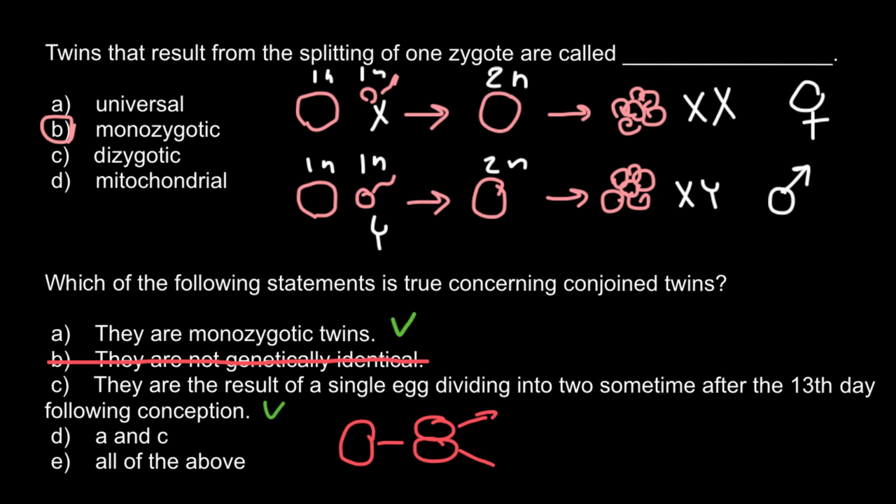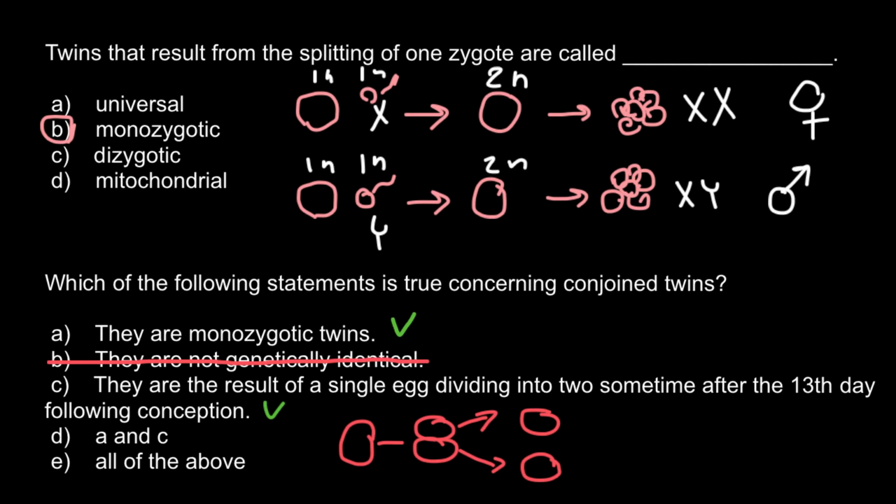If at this stage the blastocyst separates into 2 clumps of cells, which may happen between day 1 and 3, both fetuses would have their own chorion, amnion, and placenta.